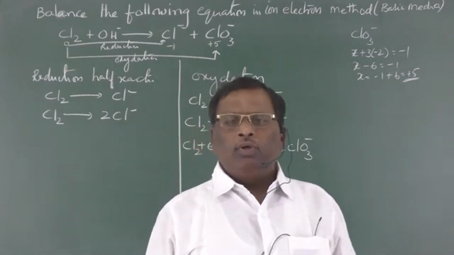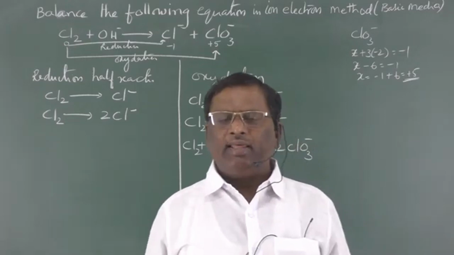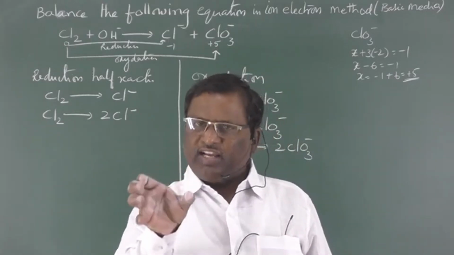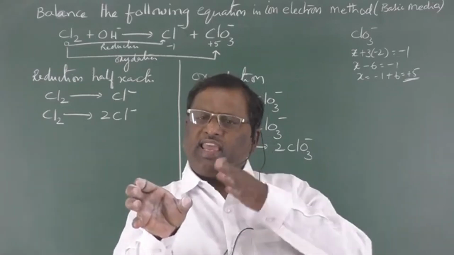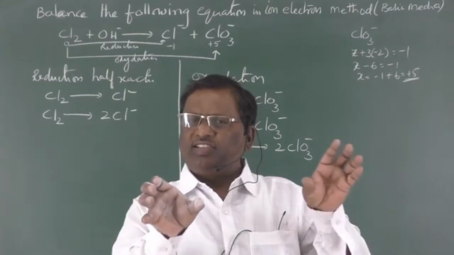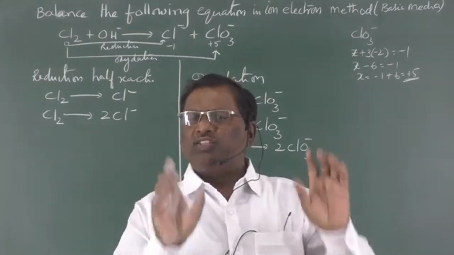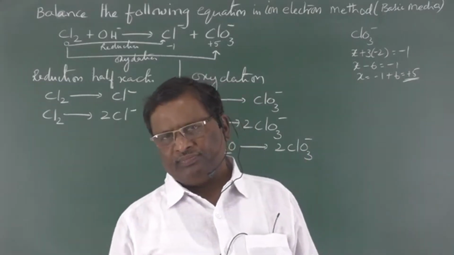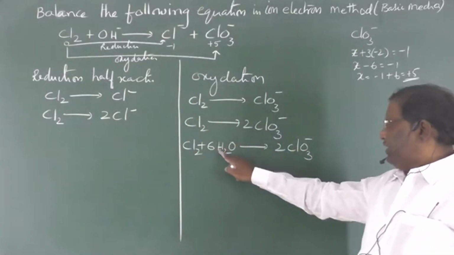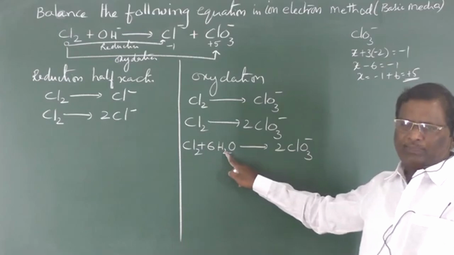That is, we have to add H2O molecules to the deficient side, and the same number of OH minus ions to the opposite side. This is the way to balance hydrogens in basic media. So here, 6 H2O molecules are there.